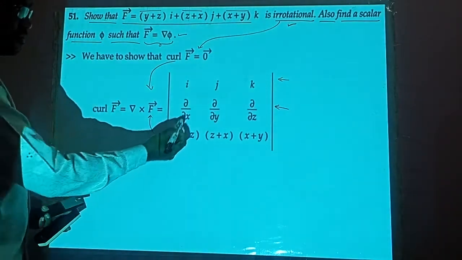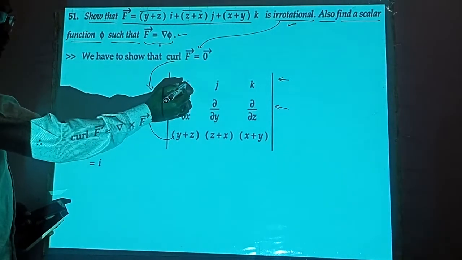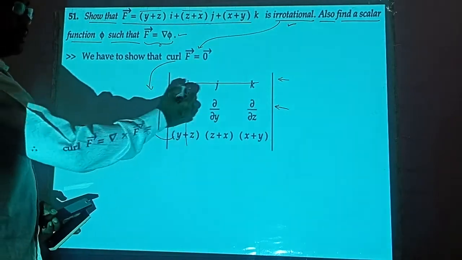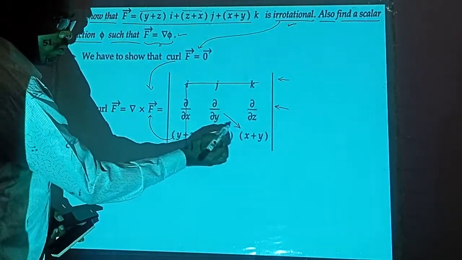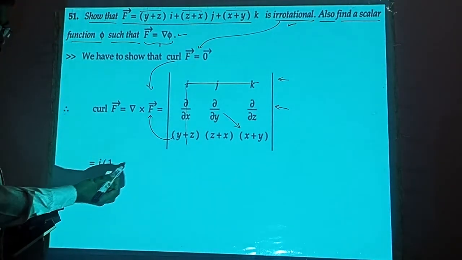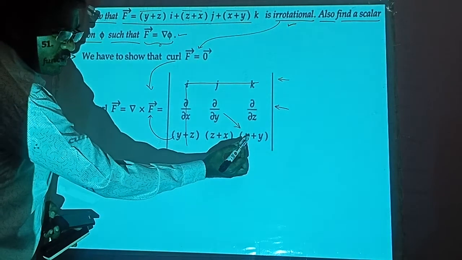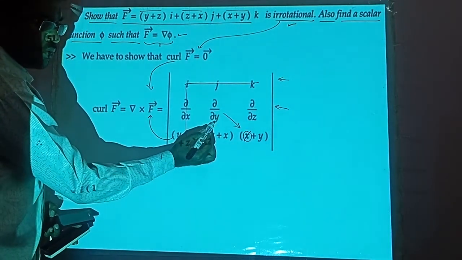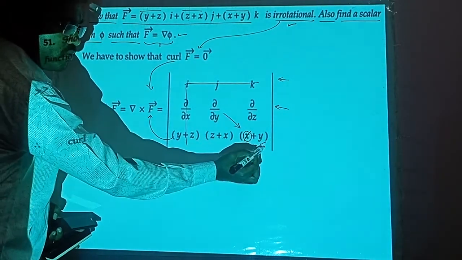Now let us expand this determinant. How do we expand? i into, neglect this column and this row, cross multiply. Dou by dou y of x plus y. Let us differentiate this. What is the differentiation of x with respect to y? 0. And differentiation of y with respect to y is 1.